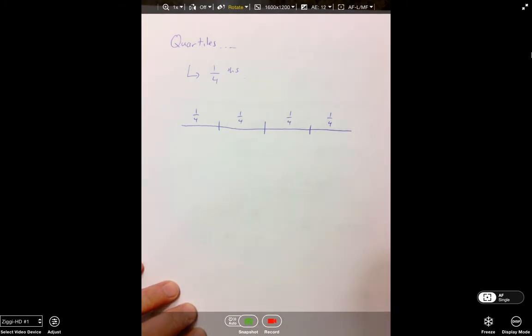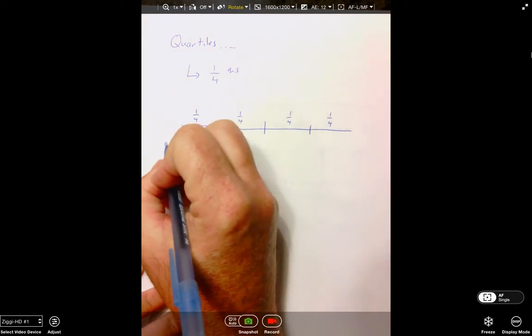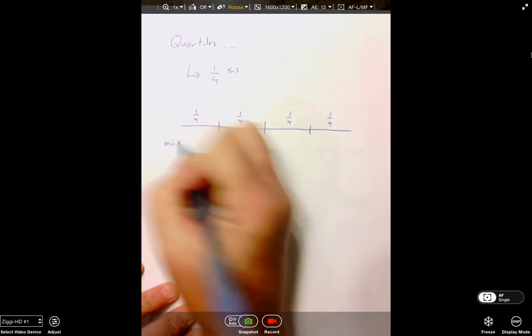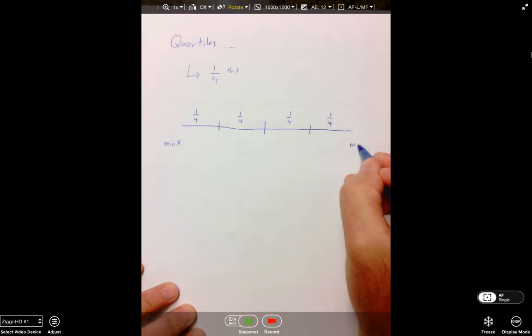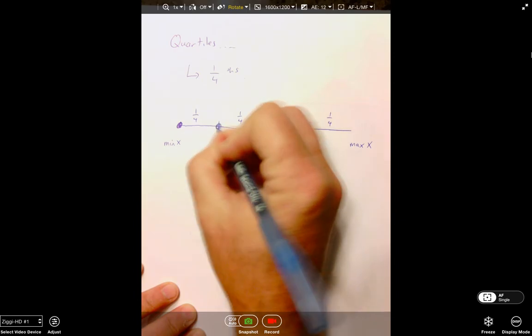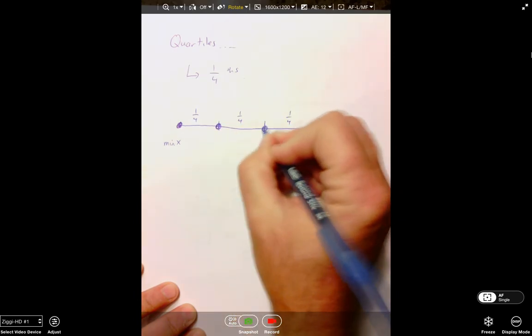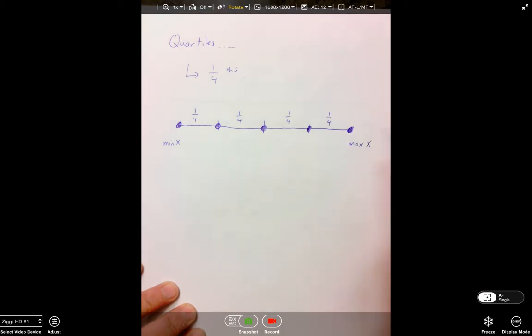Well, guys, this isn't a class in strings. This is a class in data. So imagine having your data where you have the minimum value arranged from low to high all the way up to the maximum value. So you end up essentially with 5 locations.